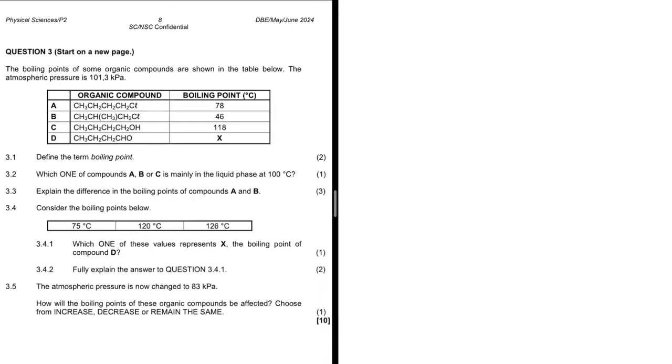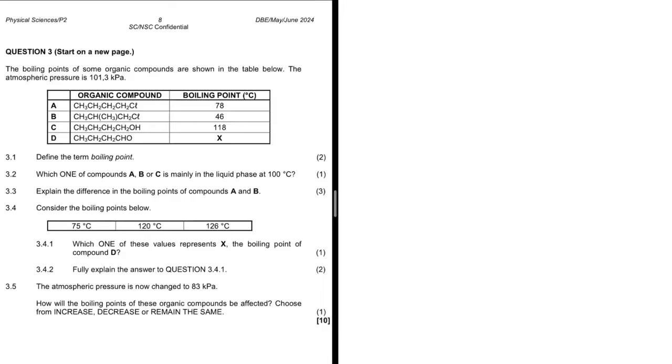Carbon, 3 hydrogens, carbon, 2 hydrogens, carbon, 2 hydrogens, carbon, oxygen, 1 hydrogen. So compound D is indeed an aldehyde, but compound C is an alcohol. Right, so the boiling point of compound D must be lower than that of C, because in aldehydes we have dipole forces, and then in alcohol we have hydrogen bonding, and hydrogen bonding is way stronger than dipole.